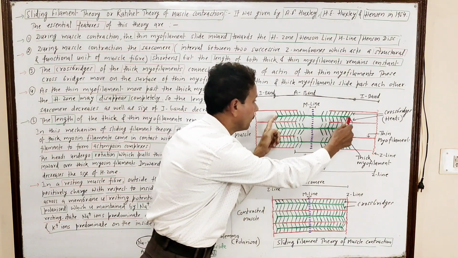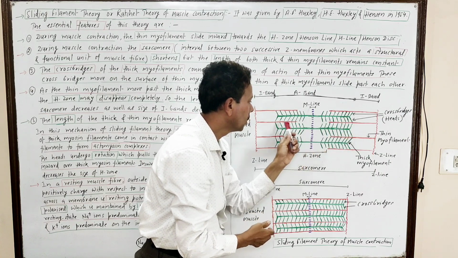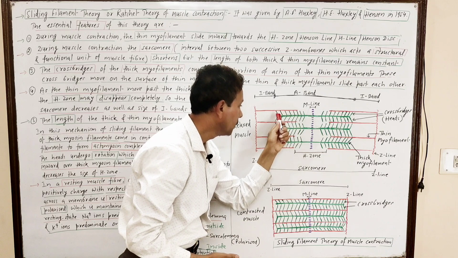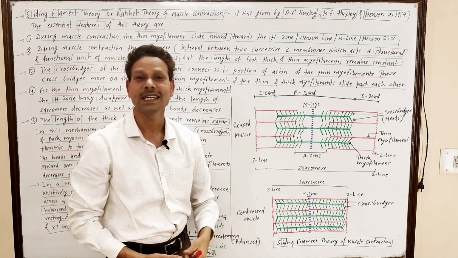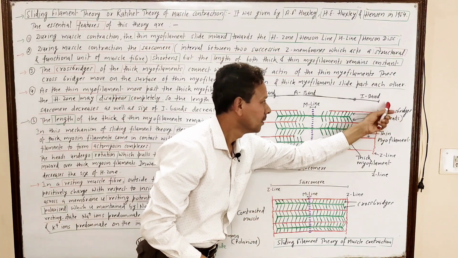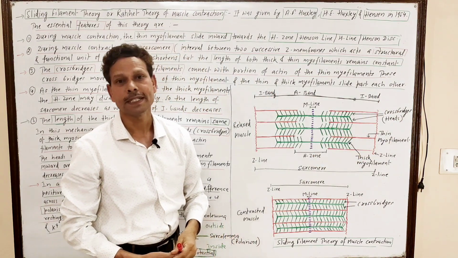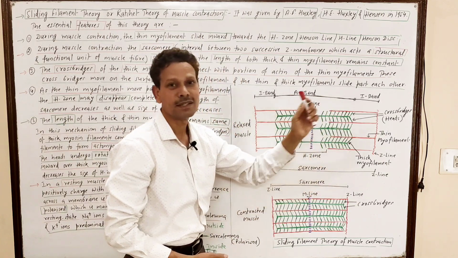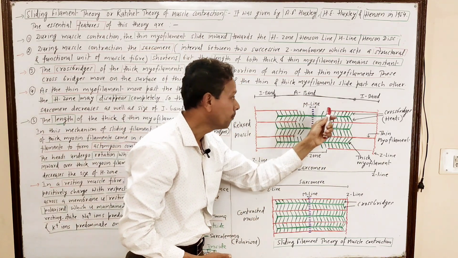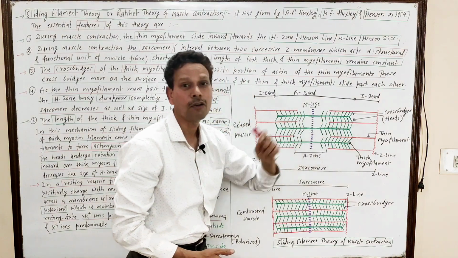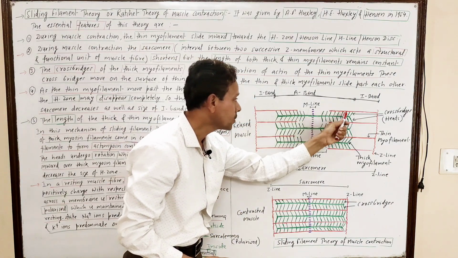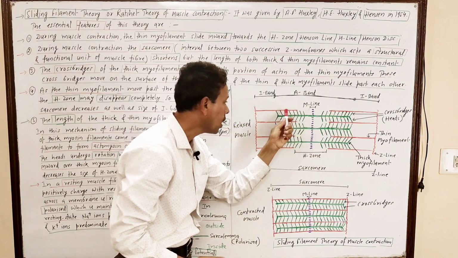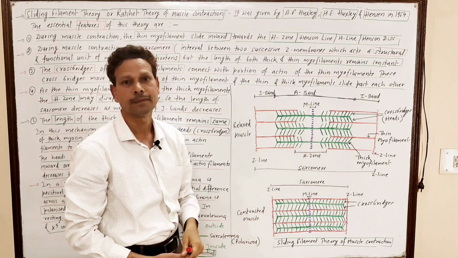The free ends of thick myofilaments possess heads or cross bridges. Dear students, in this A band, both thin and thick myofilaments are present, and the free ends of the thick myofilaments produce cross bridges or heads.